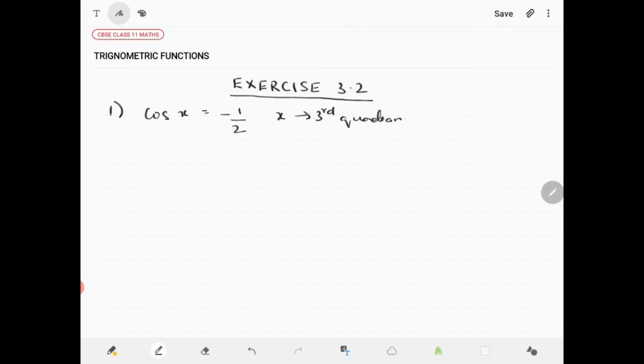This is the question. So before we move into the answer, we have to just recollect the quadrants. So let's draw this. This is 0 degrees, 90 and 180. This is 270. Here it is 360.